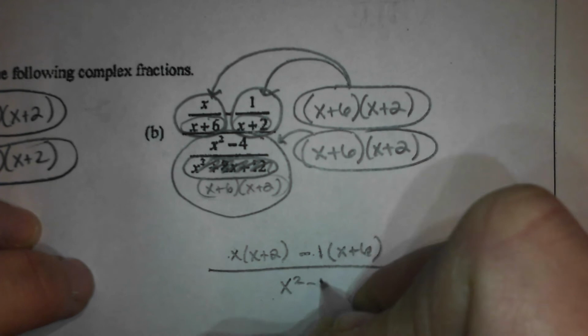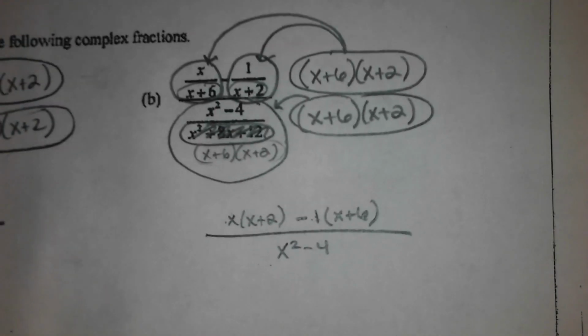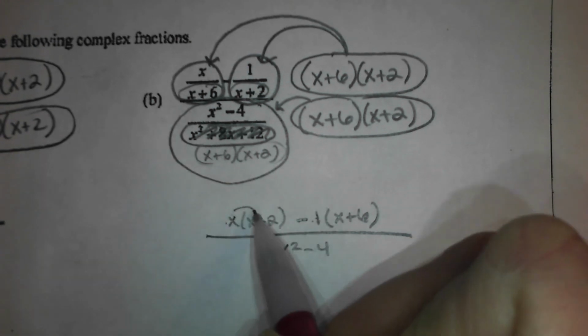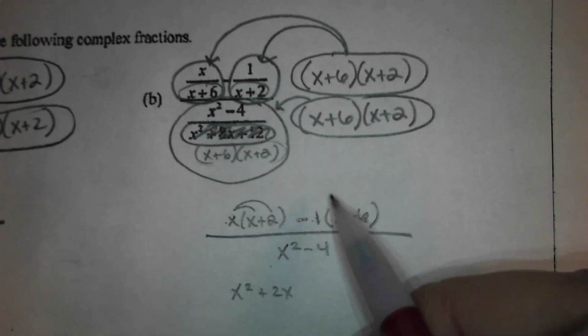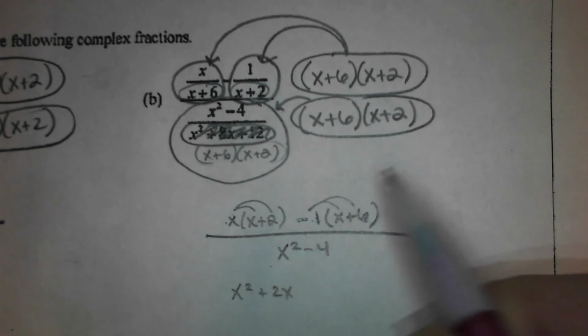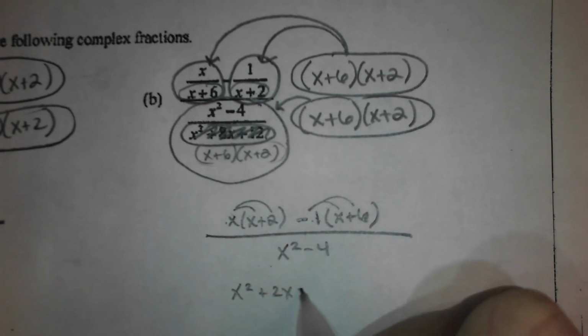Perfect. So I know that's a lengthy process. It's pretty ugly to look at. Hopefully you can follow that. Once you're here, it should be pretty straightforward. Simplify your numerator, factor everything, see if it cancels. So when I distribute up top, I get x squared plus 2x, distributing my negative 1, I get minus x minus 6.